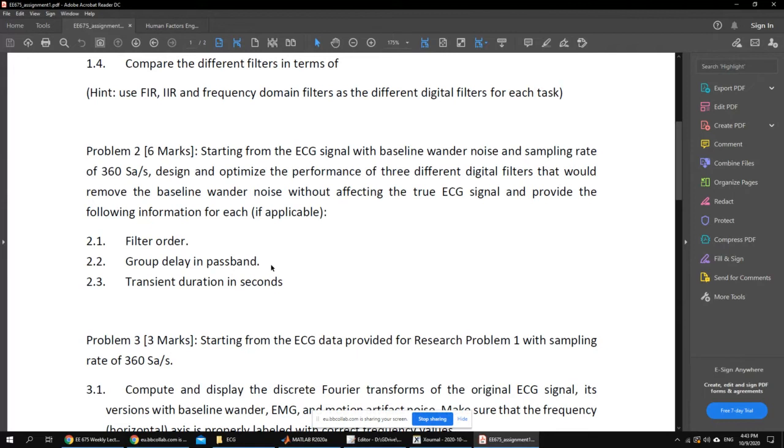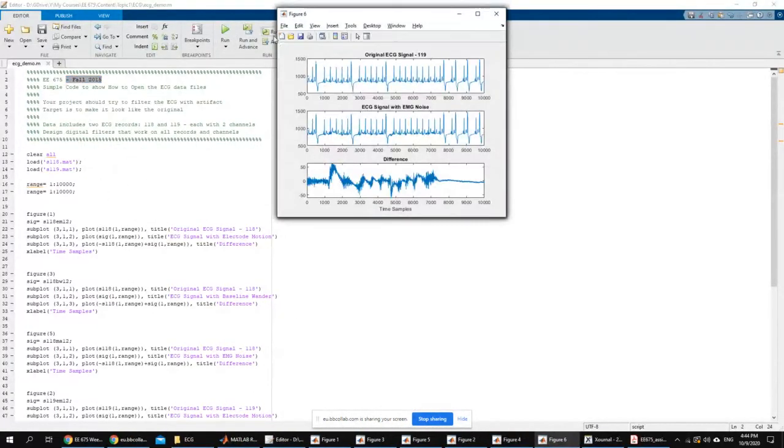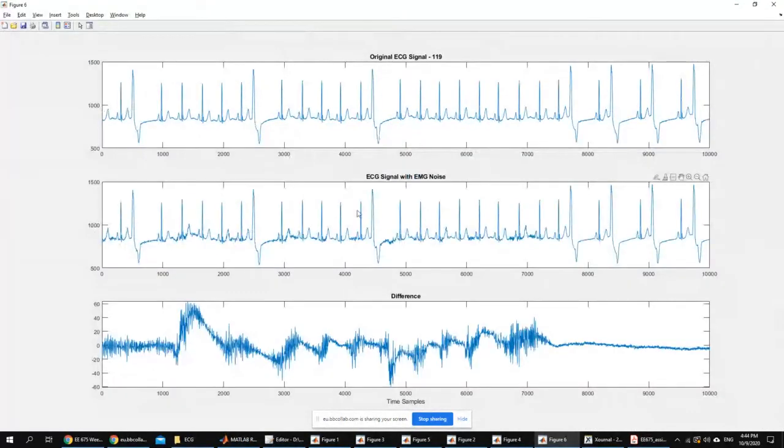Okay, so for example, if I look at a signal, maybe I can just run the ECG demo, because usually we're going to start with this every time. So for example, if I see something that looks like this, okay, this is one of the signals, and the noise looks like this.